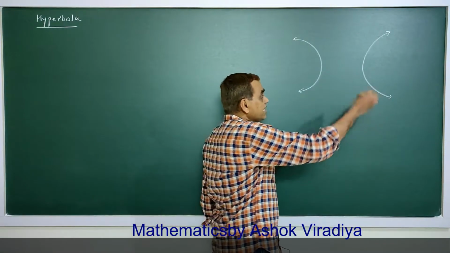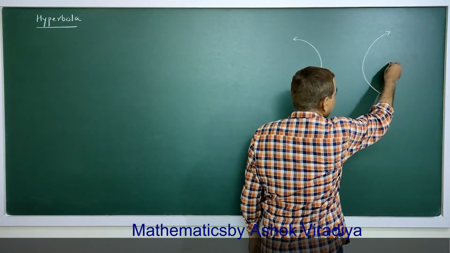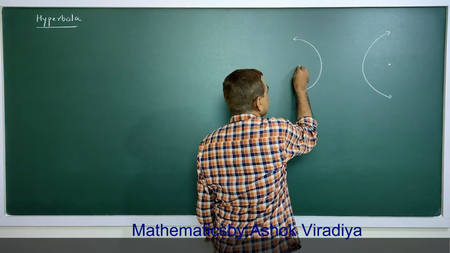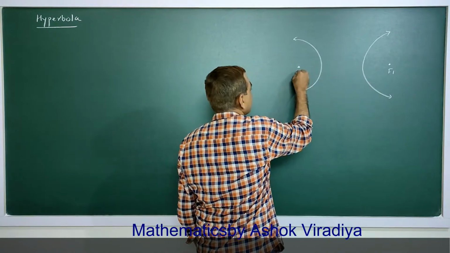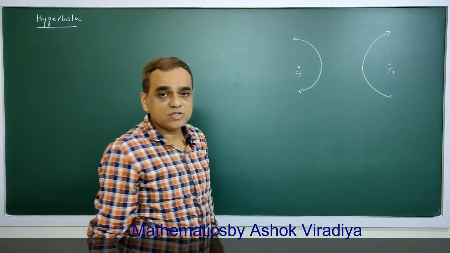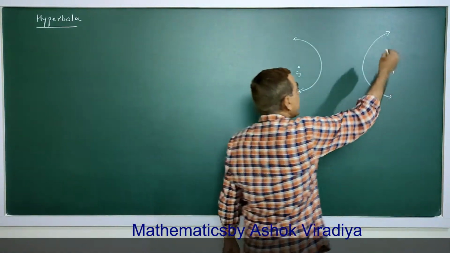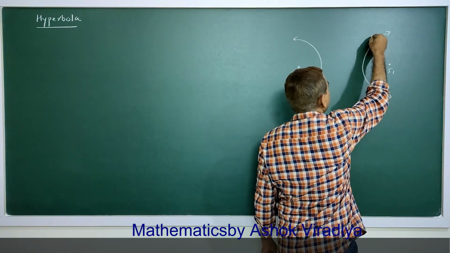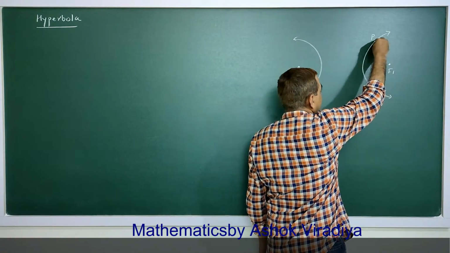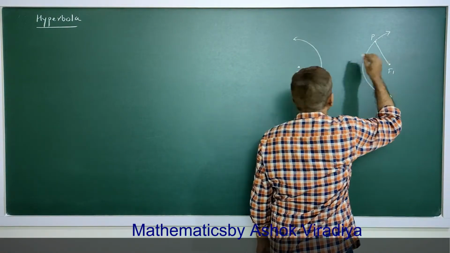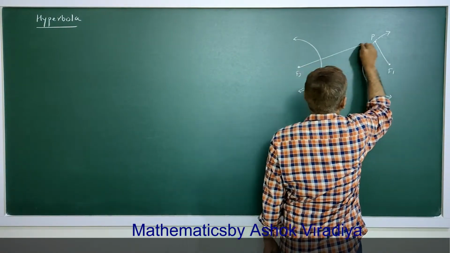Now, in the plane of the hyperbola, there exist two fixed points. Let me say this point is F1, this point is F2. If we take any point on this hyperbola and measure the distances, this is F1P, this is F2P.